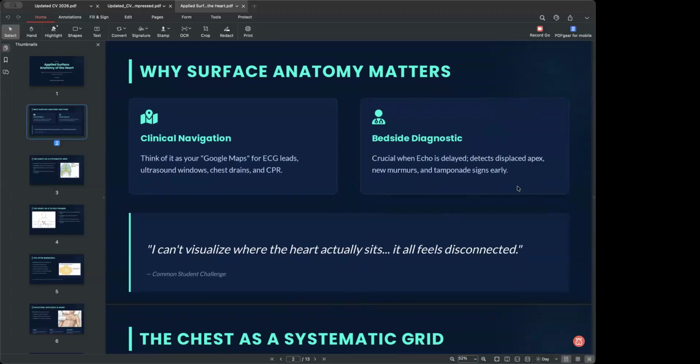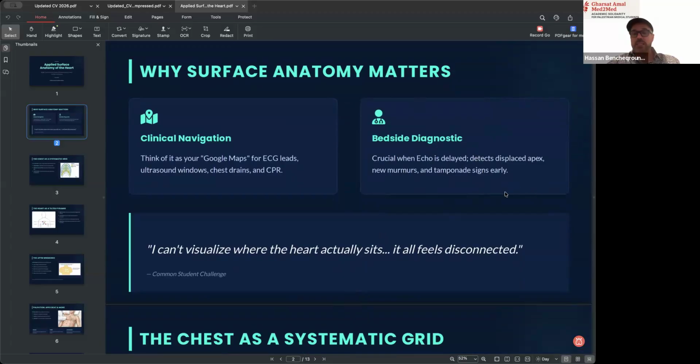Now, if you have an echocardiogram and it's delayed, what can you see? Sometimes when the patient is sitting up front, you see that the apex, which is the tip of the heart, whenever it pumps, hits the front rib cage.